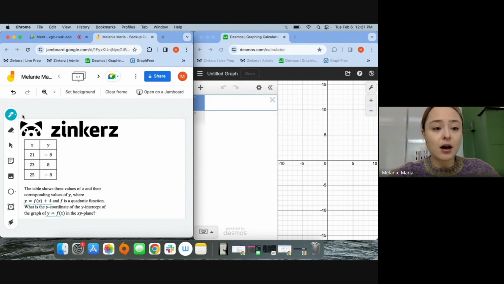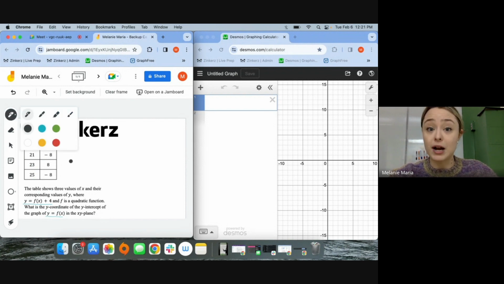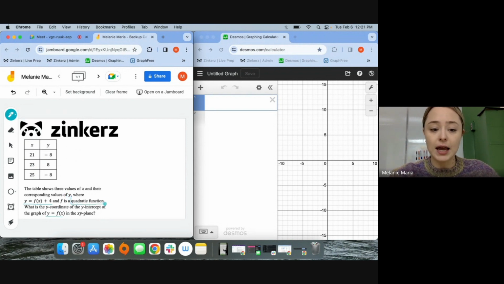So let's also start to think about some of the things we know about quadratic functions. And we do know this is a quadratic because, again, another important piece of information, the question tells us it's a quadratic. So what do we know about quadratics? We know that they are symmetric about the axis of symmetry.